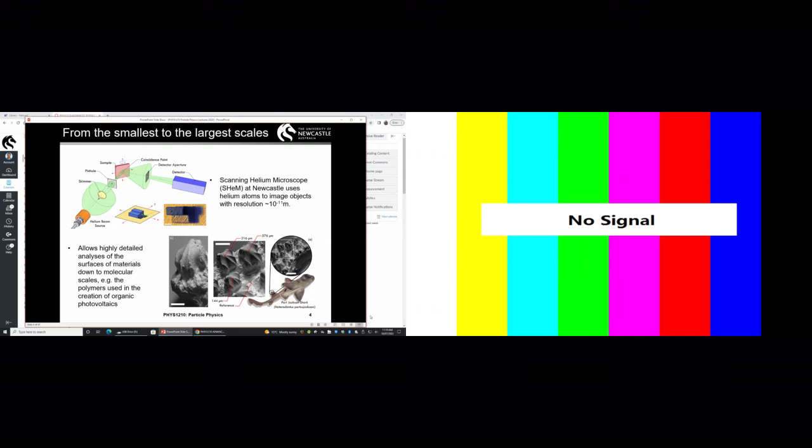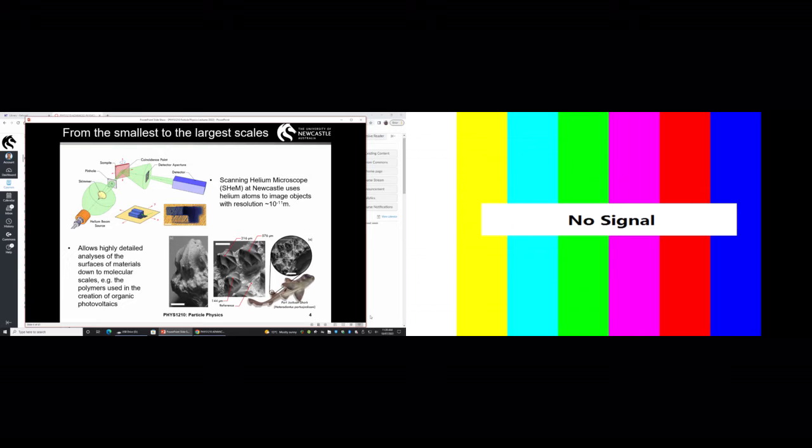This one is showing some images of what's called a scanning helium microscope. This is located in the physics building just up the hill, and is basically able to image, because that's what a microscope does, objects at scales down to something like 10 to the minus 11 of a meter.